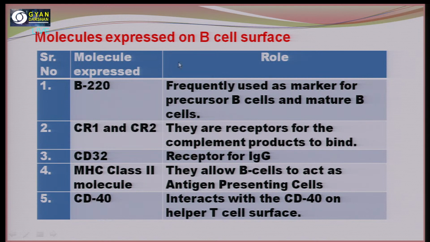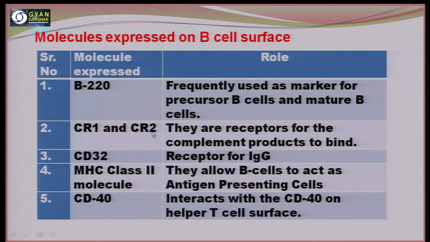The B cell expresses different molecules on its surface. B220 is a molecule frequently used as a marker for precursor B cells and mature B cells.